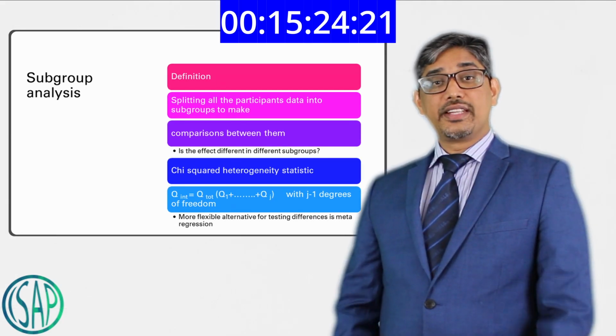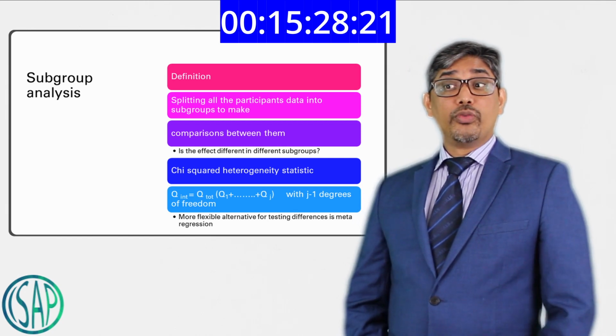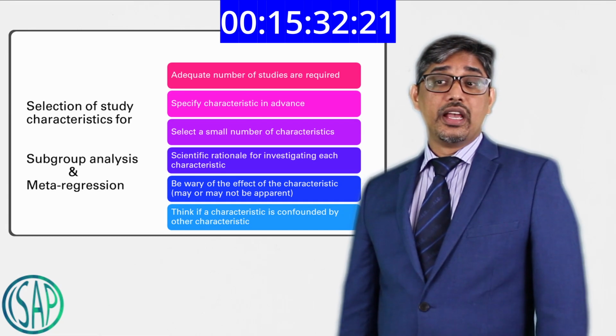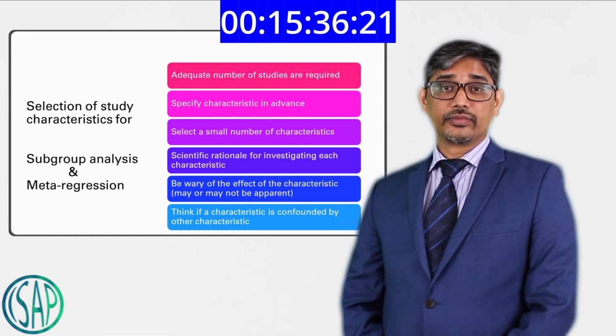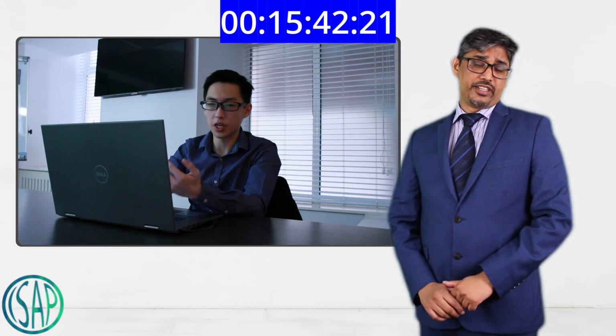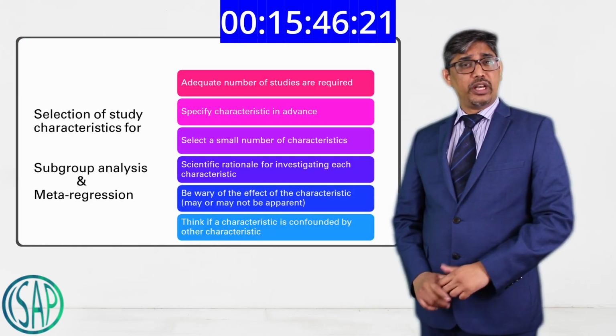Before doing subgroup analysis and meta-regression is a selection of studies. So we need to select an adequate number of studies for subgroup analysis and meta-regression. So approximately how many studies will this actually be? So ideally we need a minimum of approximately 4 studies, because a lot of the time we never get Q below 10.